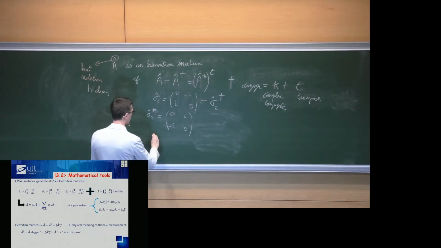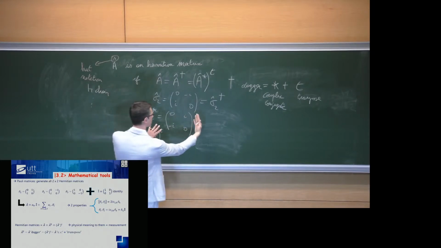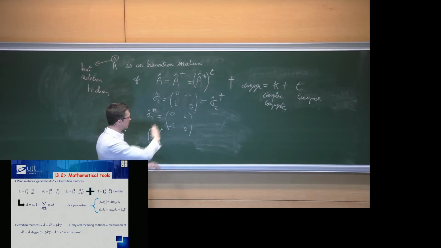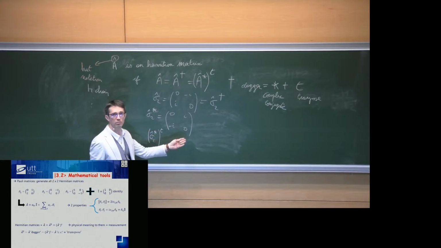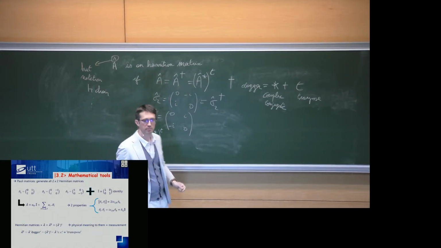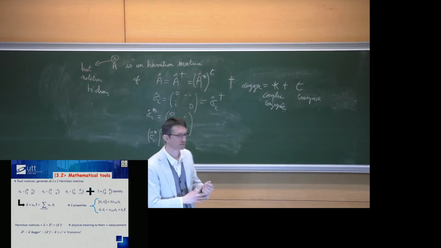And now I take the transpose. The transpose is basically taking the symmetric of the matrix with respect to the diagonal line of the matrix. So you just mirror flip the matrix, with all coefficients.